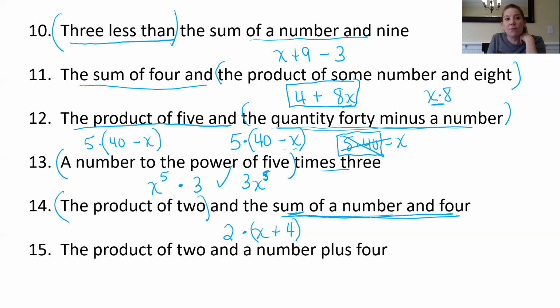The sum of a number and 4 is together, times 2. So we could either drop that multiplication dot or we leave it. It's the same thing. But if you don't have parentheses, if you say 2 times x plus 4, that's not right, because order of operation would make us multiply only these together and then add 4, which is not what it says. So this is not right.